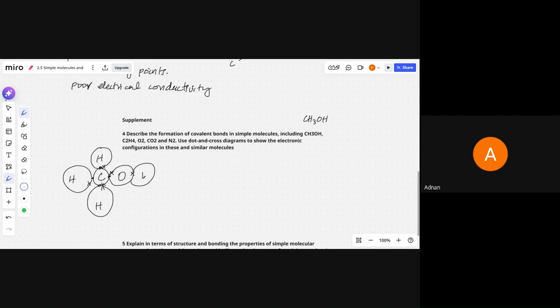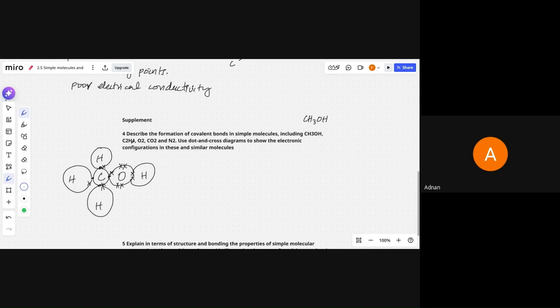This is the electron of the hydrogen atom. So these are the two electrons shared by oxygen. The remaining four I will write as pairs. So this is the dot and cross diagram for the alcohol, methanol.